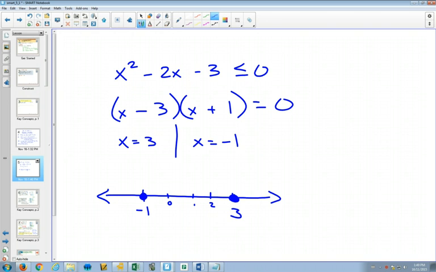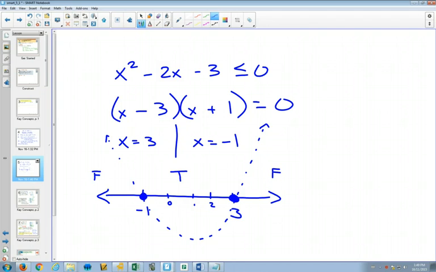So if we imagine the parabola, it would look like this. We're trying to find out where it's less than or equal to 0. Can you see that this section is the true section because it's less than or equal to 0? And these sections are false, because in these sections it's bigger than 0, since your graph is above.